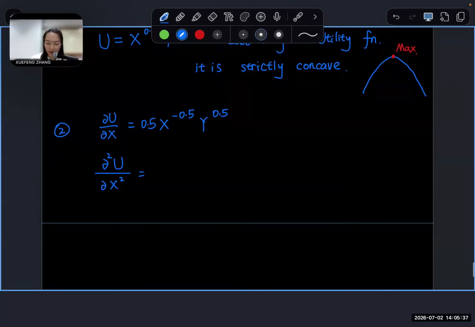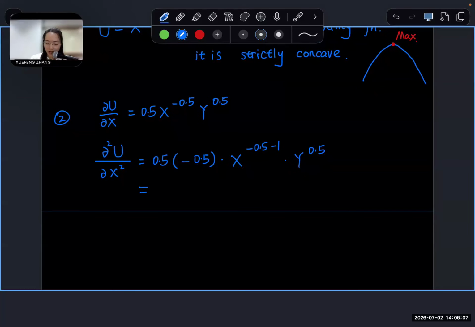Because we only take the derivative with respect to x, we get negative 0.5 times x to the power negative 0.5 minus 1, times y to the power half.